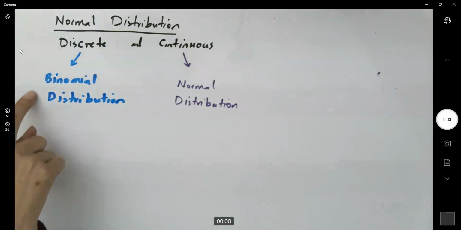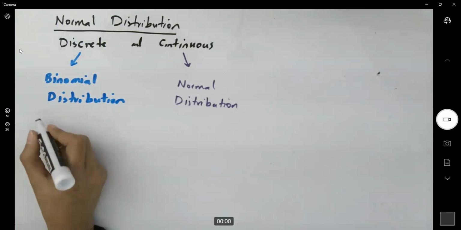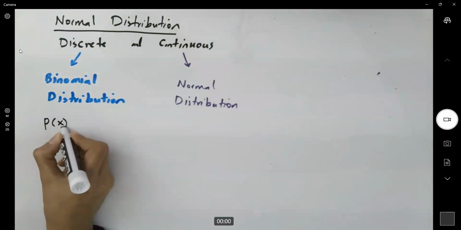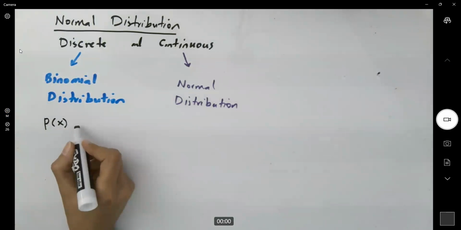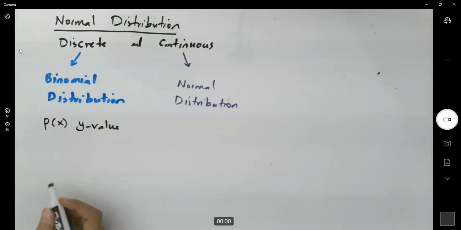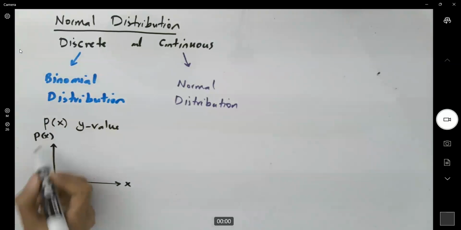So again, recall that for a binomial distribution, we introduced the probability of that random variable x. Now remember that the graph was like this. Here you had x on the horizontal line, and you had the probability of x on the vertical line.